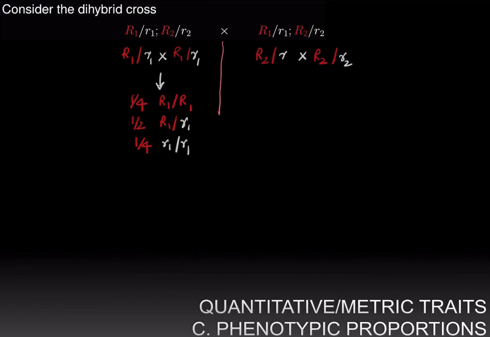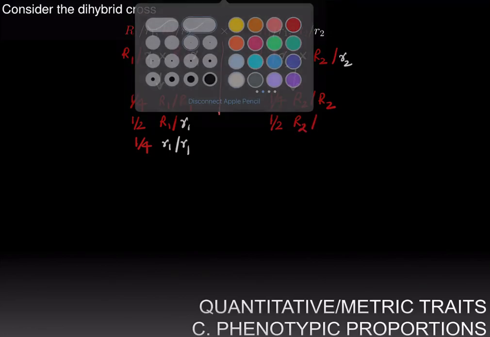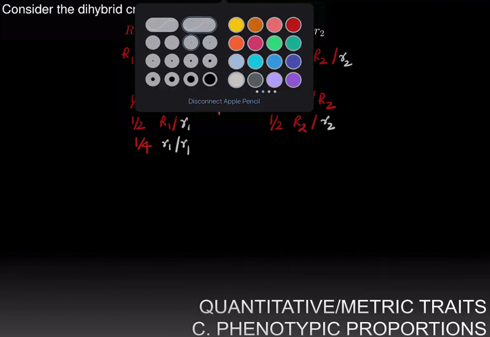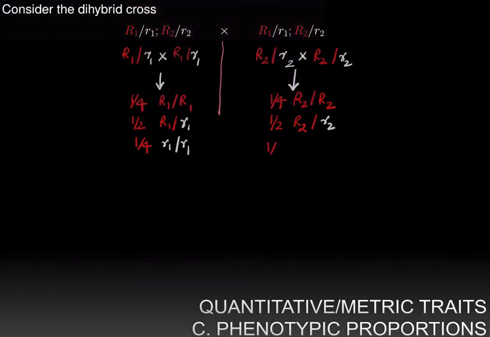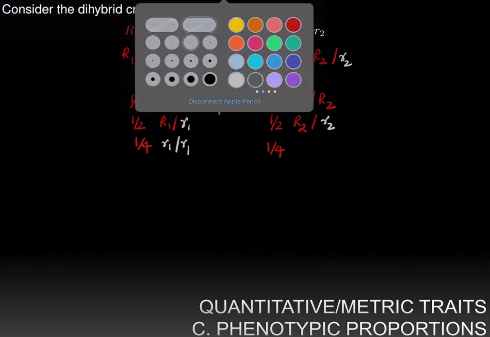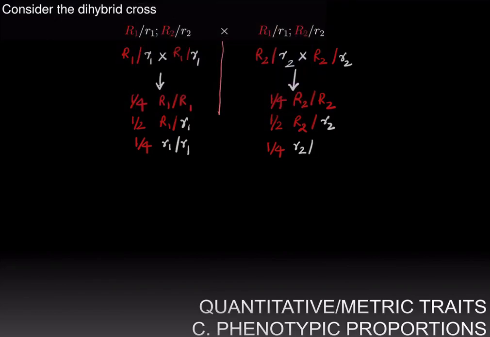And as always in a dihybrid cross, we will have a quarter big R2, big R2 individuals, a half hets for the second gene, and a quarter homozygotes for little r2.